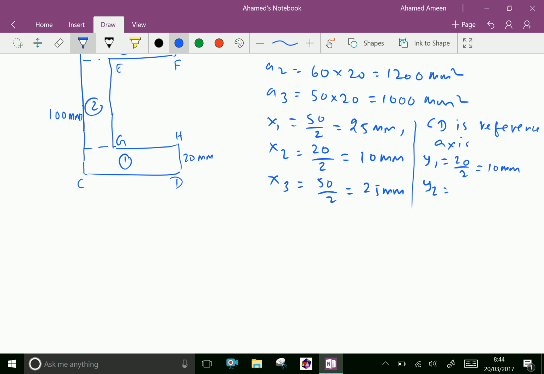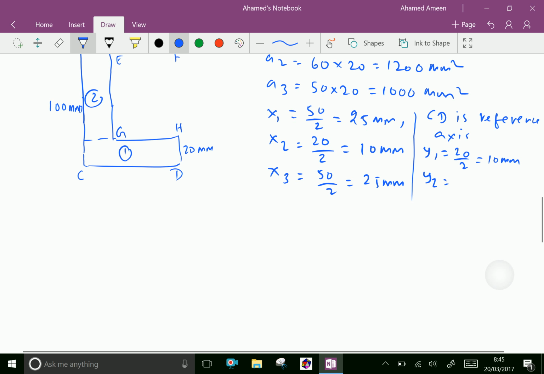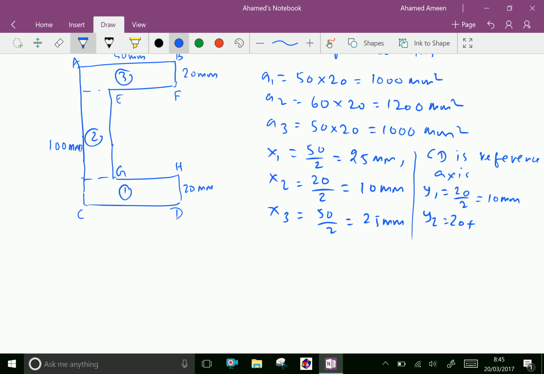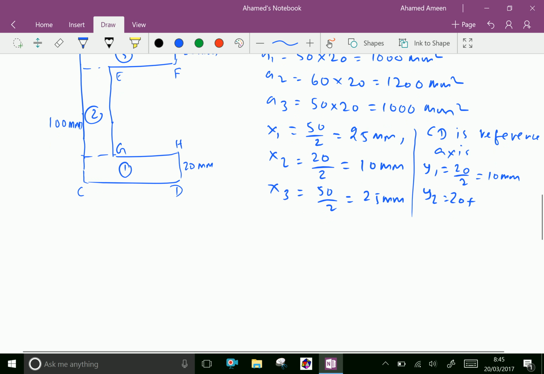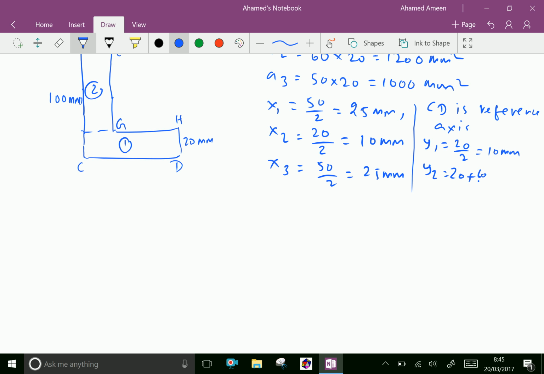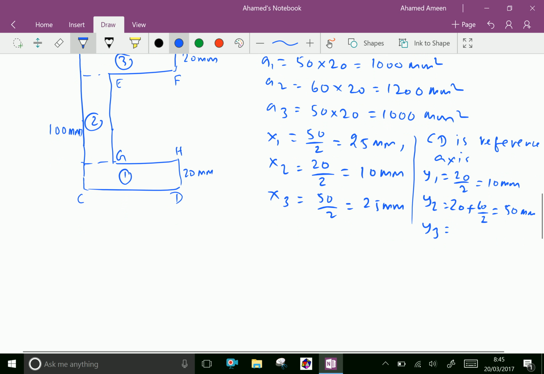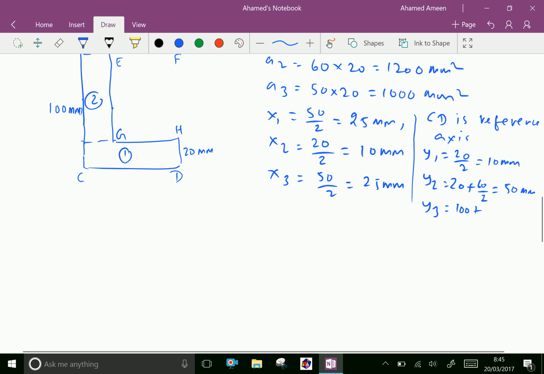Y2 equals, from the CD, 20 plus half of 60, that is 60 by 2, which is equal to 20 plus 30 is 50 mm. Y3 equals 100 plus 20 by 2, which is equal to 110 mm.